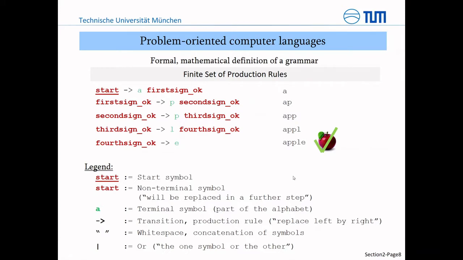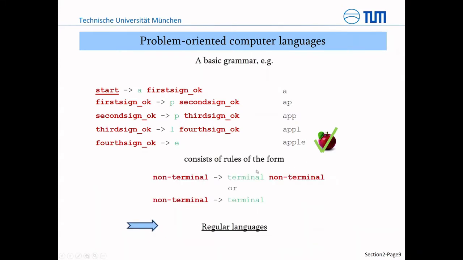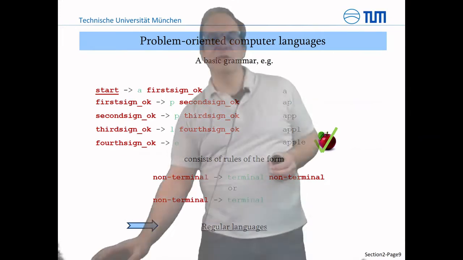And then we directly define our first grammar, because this grammar is one of the easiest ones, or one of the most basic ones which you can find. If you check this, we just have rules which look like the following.